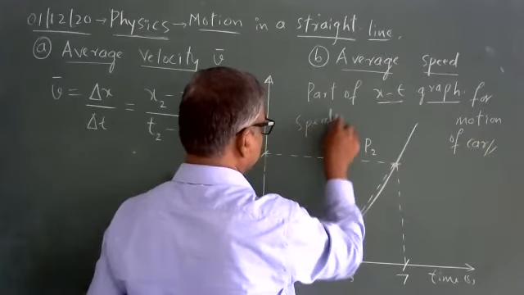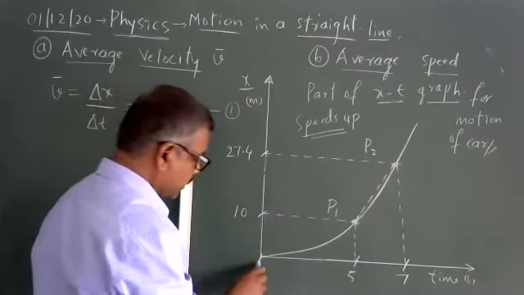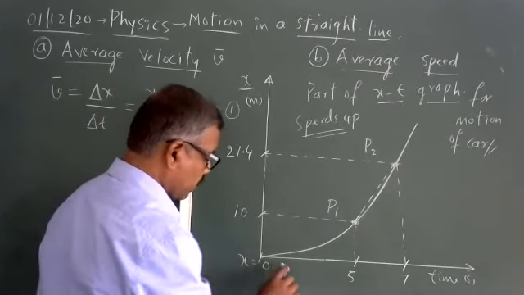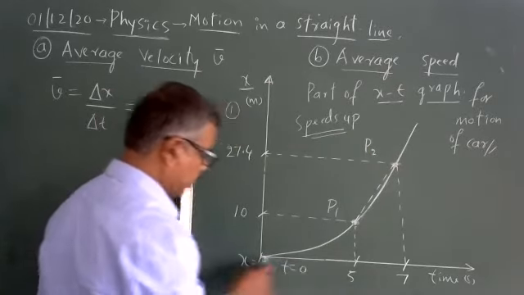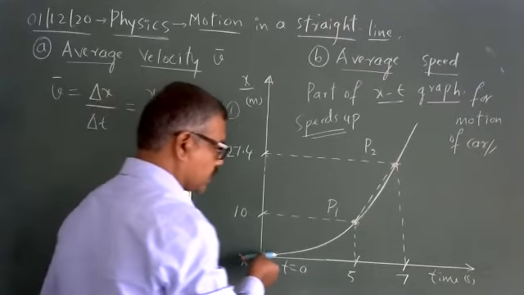Here x equals 0 and t equals 0; initially the car is at rest. As 1 second, 2 seconds pass, the car starts speeding up.